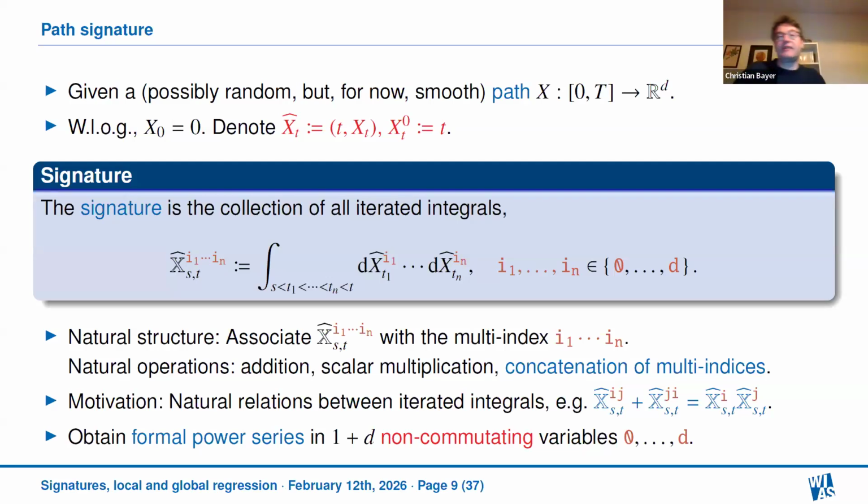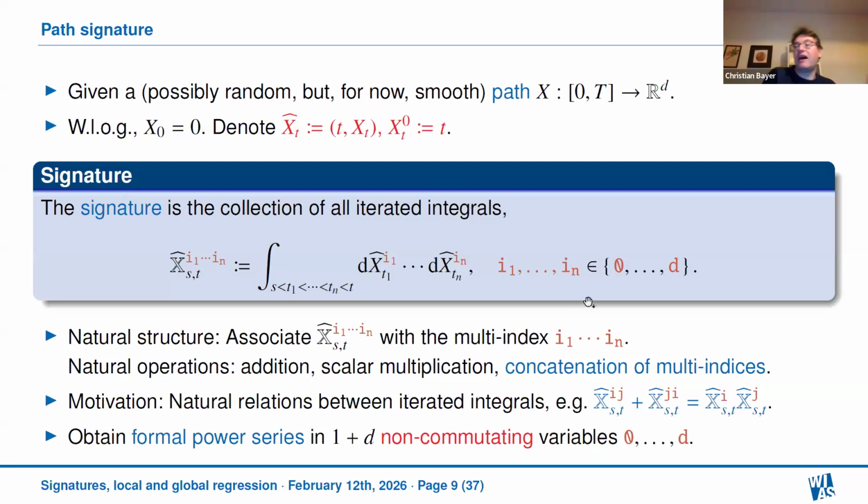Okay, so what is now the signature? The signature, very simply, is the collection of all iterated integrals of coordinates of this path against each other. And it's indexed simply by, well, you could call it multi-indices, but for some reasons, I prefer to think about this as words, actually.